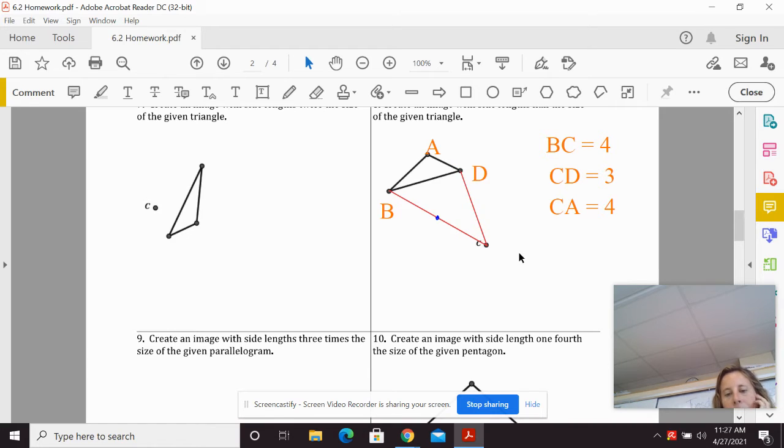Okay, this is not my new triangle. We're just figuring out the distance. And then that was 3. Okay, so you would measure it, but you're going to find the middle right there. Okay. There's the middle.